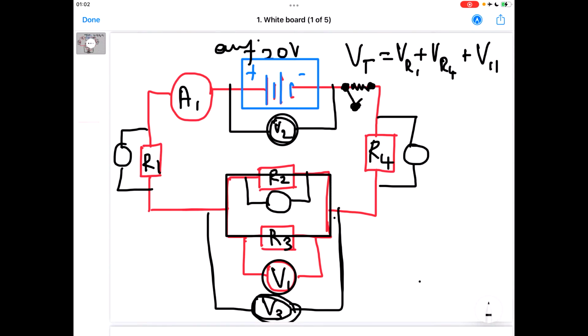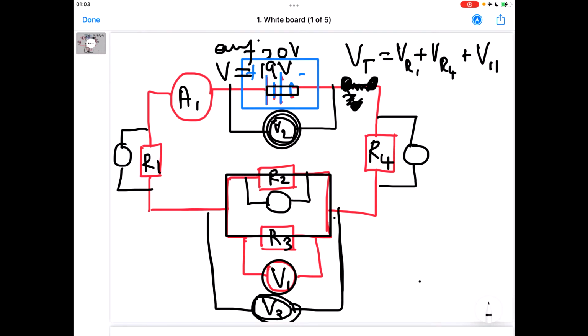Now the switch is closed. When the switch is closed, this V might change, it might not change. If it changes, let's say V is no longer 20 but 19 volts, it's because there's what we call the internal resistance of that battery.